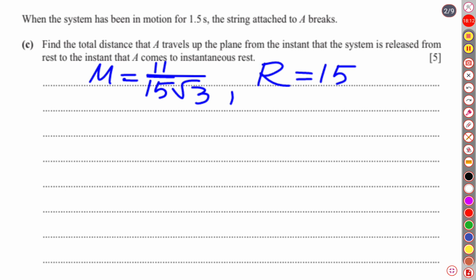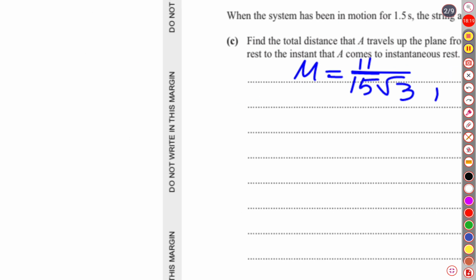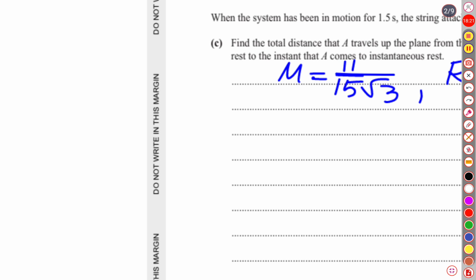These have been collected from the solution to B, so we can write here, from B.